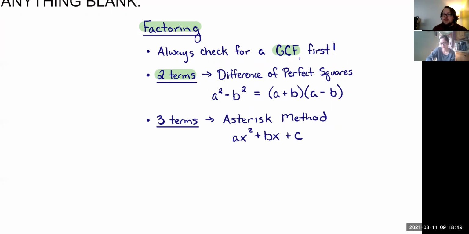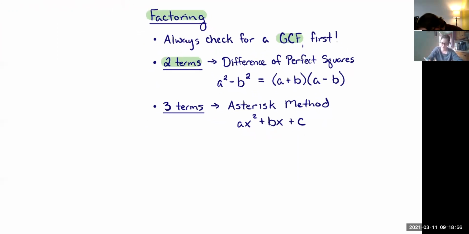So descending order, it had to be quadratic, meaning the highest exponent was 2. If that was the case, you then could pull the a, b, and c for the actual asterisk itself. So that was a times c on top, a on either side, b on the bottom, and of course the 2 missing values, where we had to find the 2 values that multiply to equal the top but add to equal the bottom.